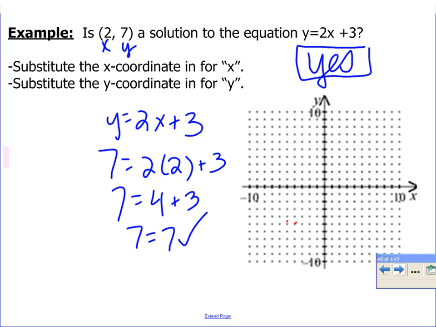Another thing you can do is put a graph. I want everyone to put a graph right next to this example and graph y equals 2x plus 3.